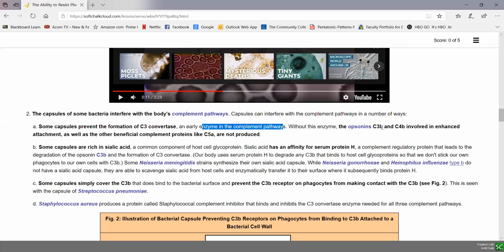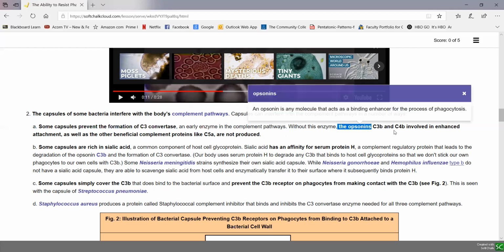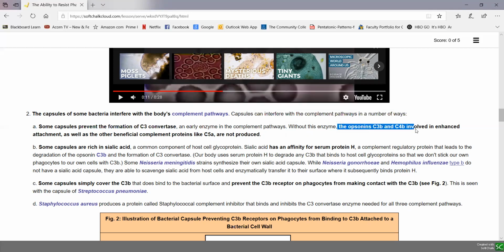And of course, once you split C3, then you get all the other parts of the complement pathway too. So basically, if the capsule prevents formation of this enzyme, then the opsonins C3b and C4b needed for enhanced attachment are not made, as well as all other beneficial complement proteins like C5a that come later in the pathway. Without that early enzyme, the complement pathway is interrupted.